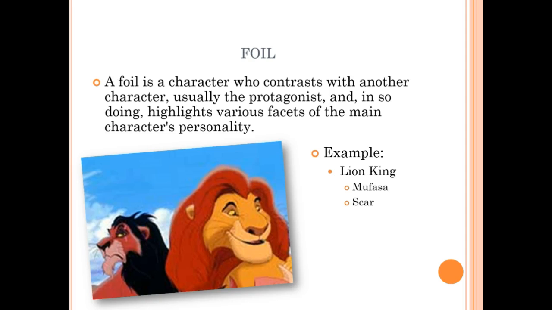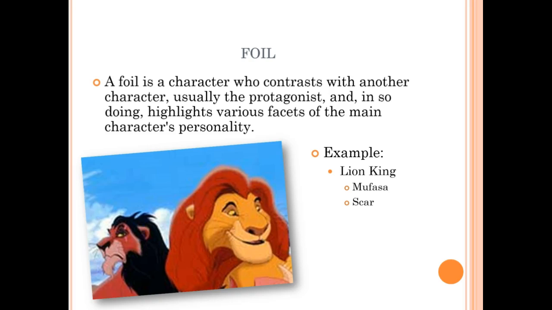So your foil character is a character who contrasts with another character, usually the protagonist, and in so doing, highlights various facets of the main character's personality. So in the Lion King, you have Mufasa and you have Scar, who would be examples of your foil characters.